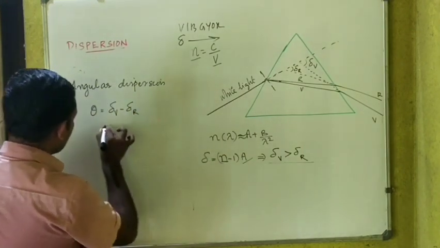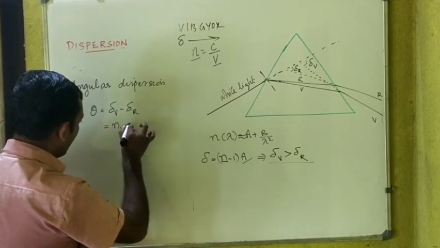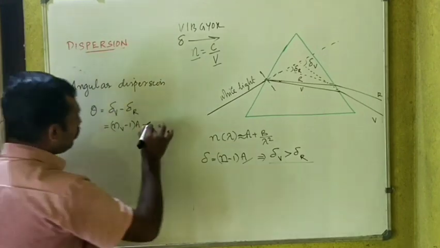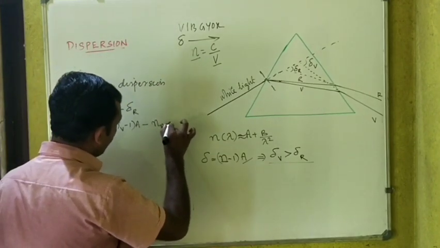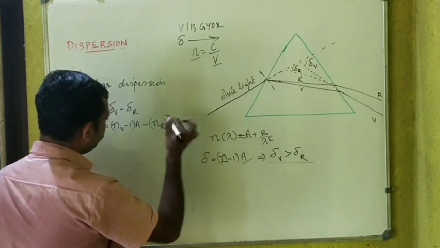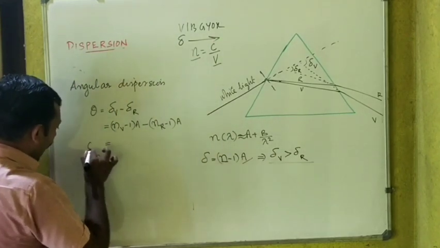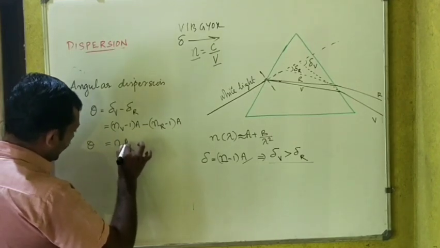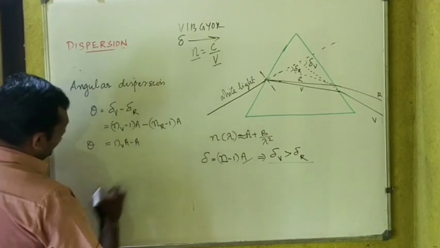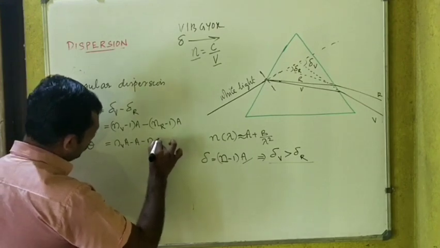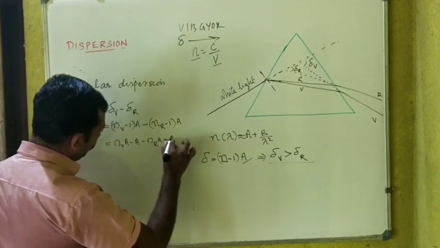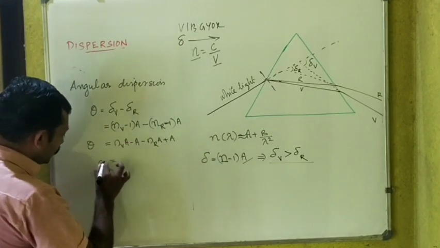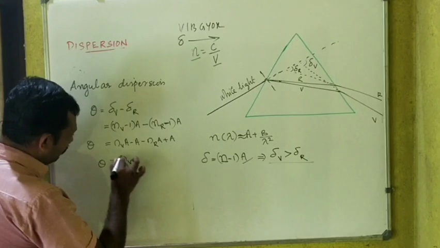Using the relation, the deviation for violet is NV minus 1 into A, minus the deviation for red, which is NR minus 1 into A. So theta is equal to NV into A minus A minus NR into A plus A. Minus of minus becomes plus. So theta is equal to NV into A.